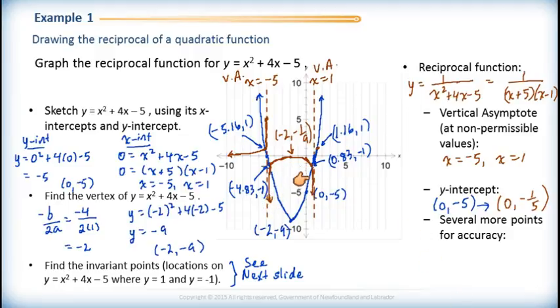And I've completed the graph using a similar analysis over here, or this piece of the graph. Now I've got another piece right here. Small positive becomes large positive. And then after the invariant point, the large positive will become small positive when I take the reciprocals. So my graph looks something like this.